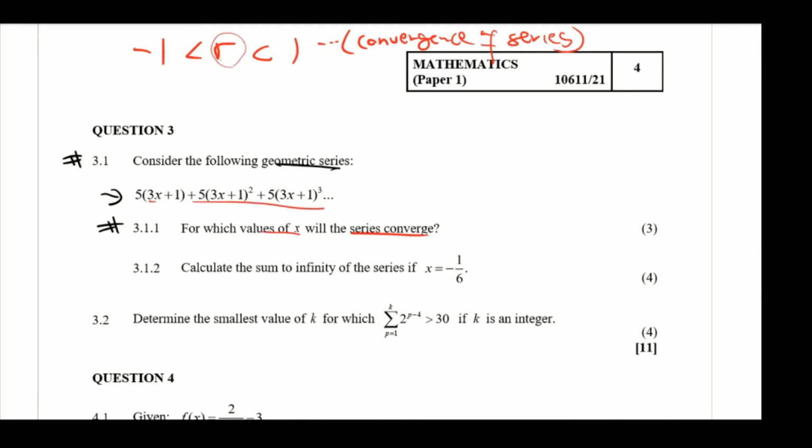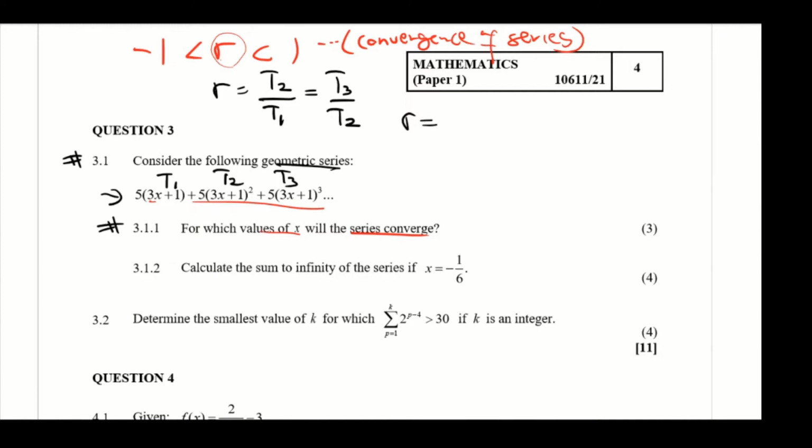So to find R, we know it's going to be R equals term number 2 divided by term number 1, which equals term number 3 divided by term number 2. So this is term number 1, this is term number 2, this is term number 3, right?